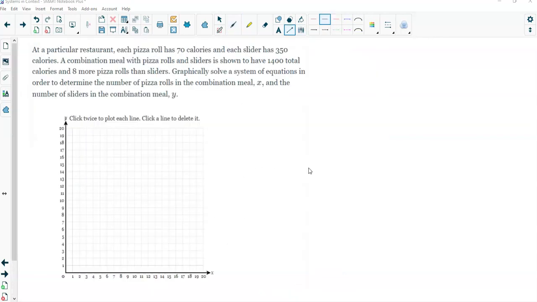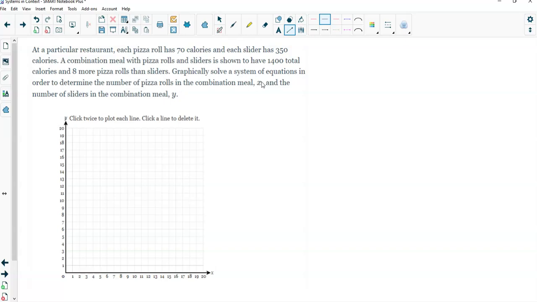Okay, here's another type of problem that you're going to have. It says at a particular restaurant, each pizza roll has 70 calories and each slider has 350 calories. A combination meal with pizza rolls and sliders is shown to have 1,400 total calories and 8 more pizza rolls than sliders.